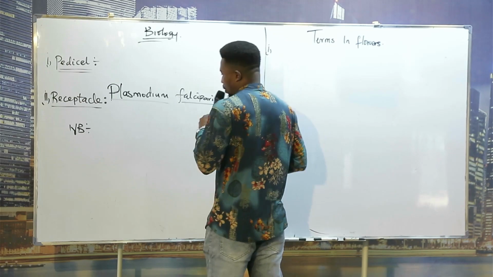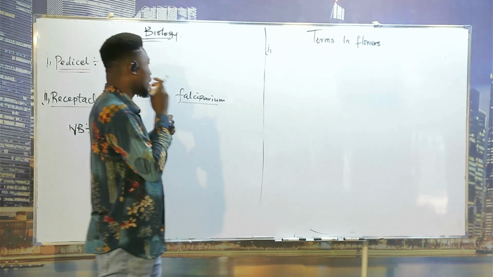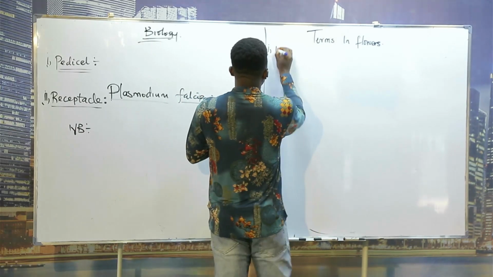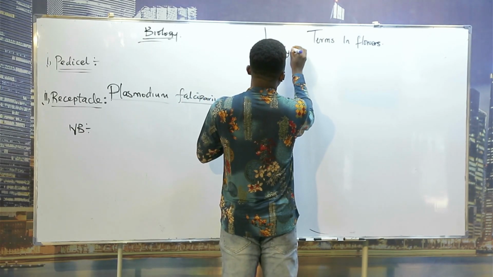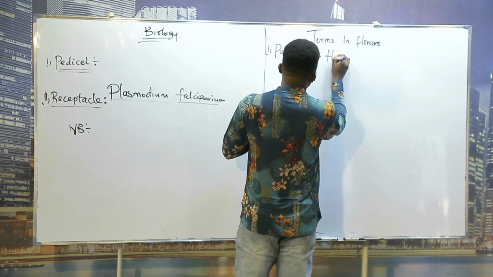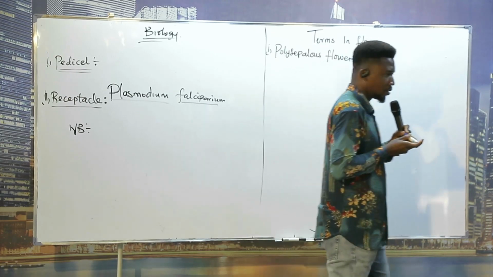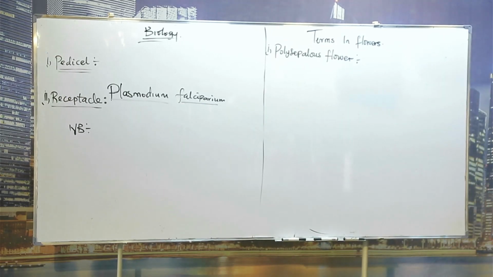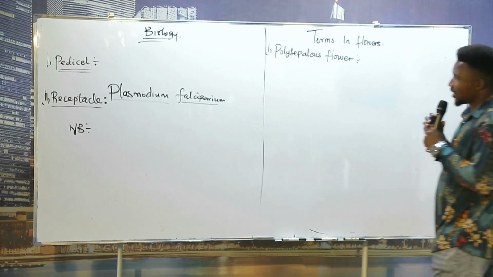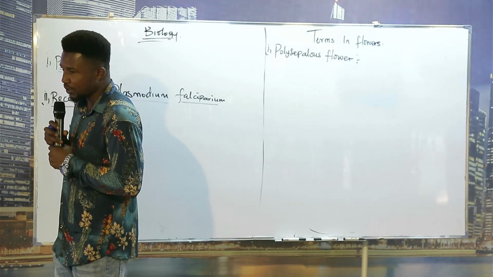The first one we are going to look at is a polycephalous flower. When can a flower be called polycephalous?